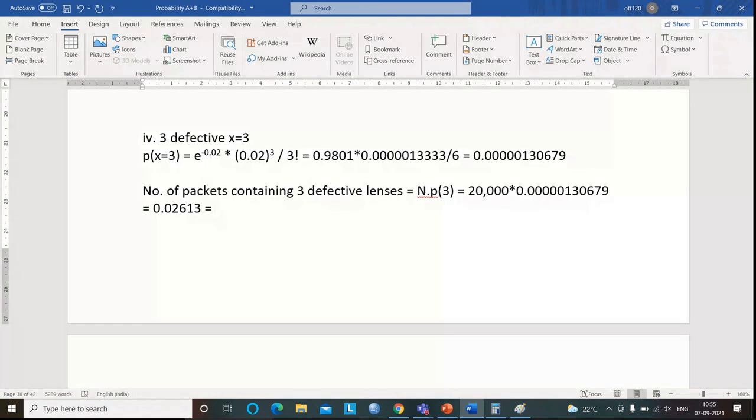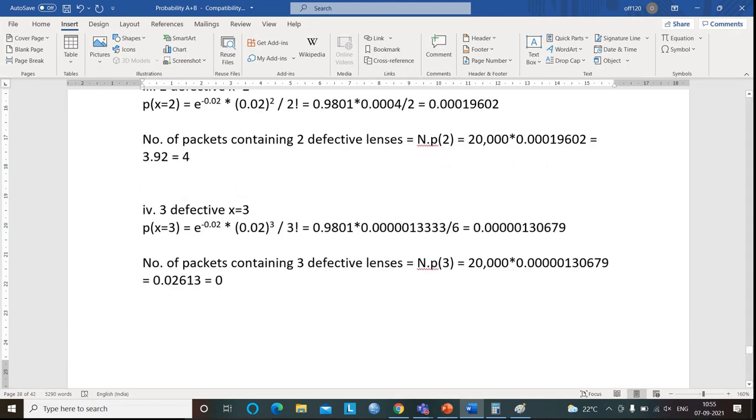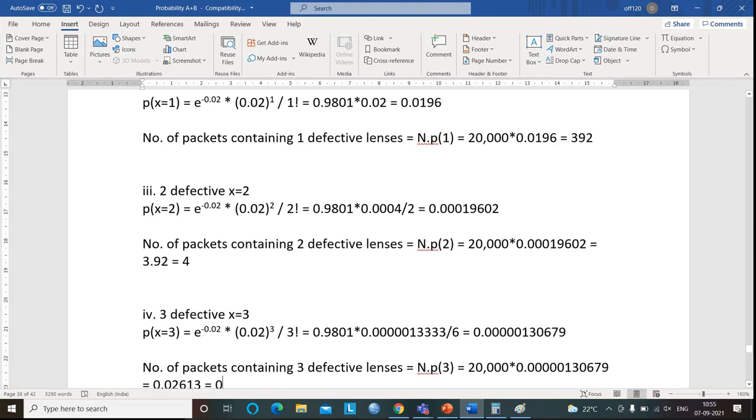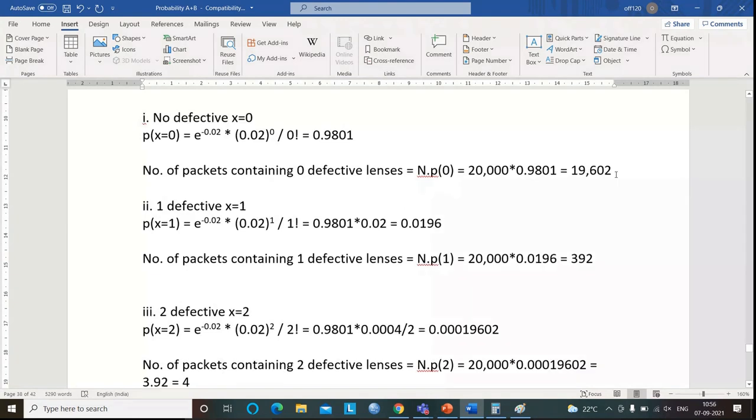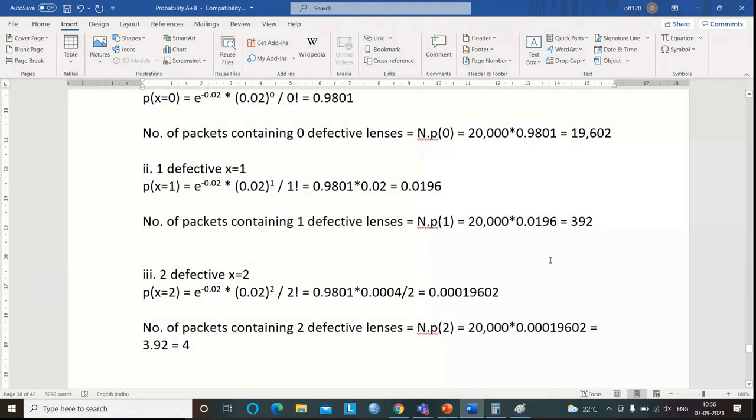That means 0.02. When you convert it to the nearest value, we get 0 only. That means out of 20,000 packets, there are no packets having 3 defective lenses. They are having some number of packets with 1 defective lens. How many packets? 19,602 have no defective lens, 1 defective lens is 392, and 2 defective lenses is 4.